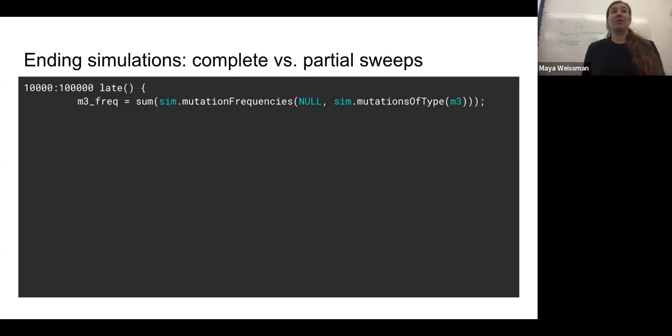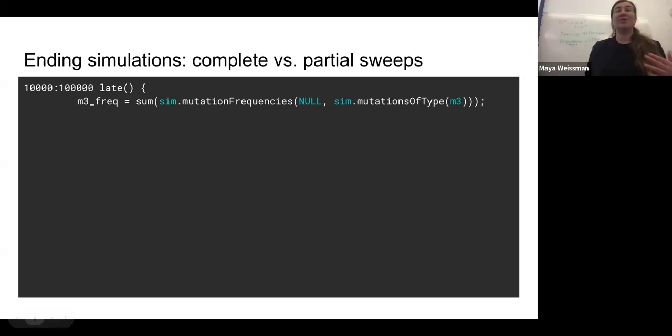And so if you just take the max, or if you take the average, you're not going to capture the true frequency of the M3 allele over the whole population. You're going to be taking the average of all of these independent evolutions of this variant. The more independent evolutions of a mutation you have, the more important this is. And then I just take the sum of that.